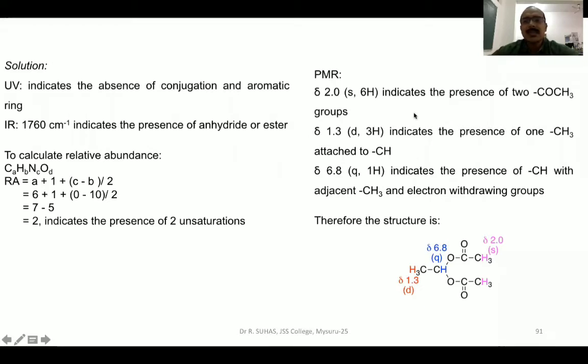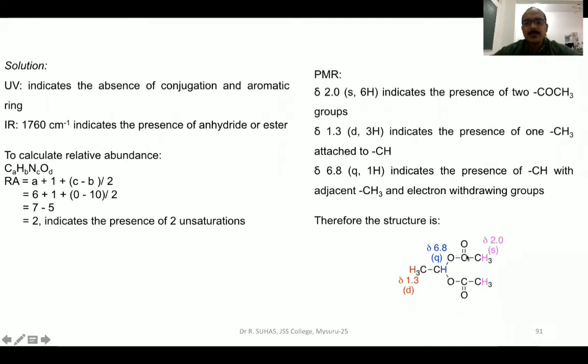So what the structure can be: there are two COCH3 groups, one CH3 group attached to CH, and one CH attached to CH3. So what we can write: CH, CH3, CH3, CH3. But the molecular formula tells that there are 4 oxygens. How to match the 4 oxygens? Now from the IR, it is either anhydride or ester type.